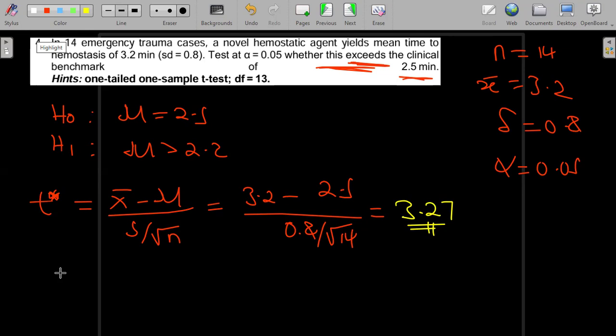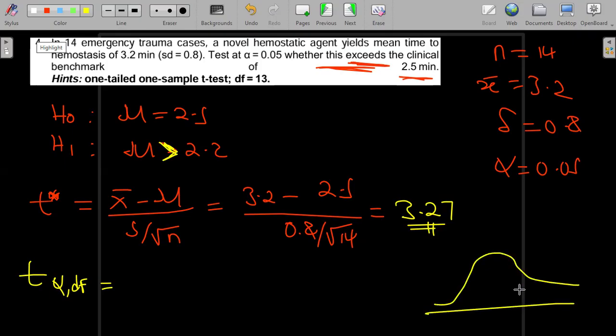Let's find the critical value. Since this one is greater than, it is a one-tailed test. If I draw it like this, we are looking for this value of t. This is the rejection region, and this one is fail to reject.